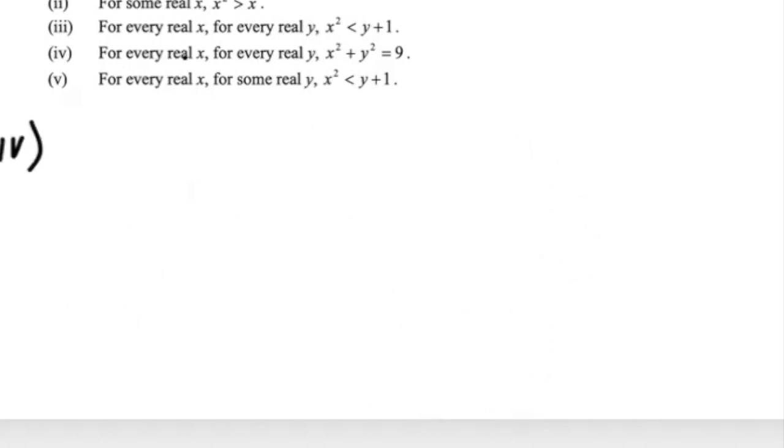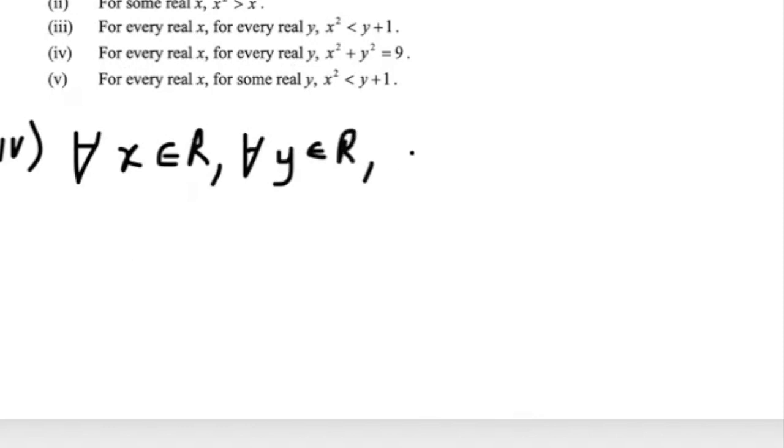We have for every real x, so for all x, an element of R. And we have for every real y, so for all y, an element of R. We have x squared plus y squared equal 9.